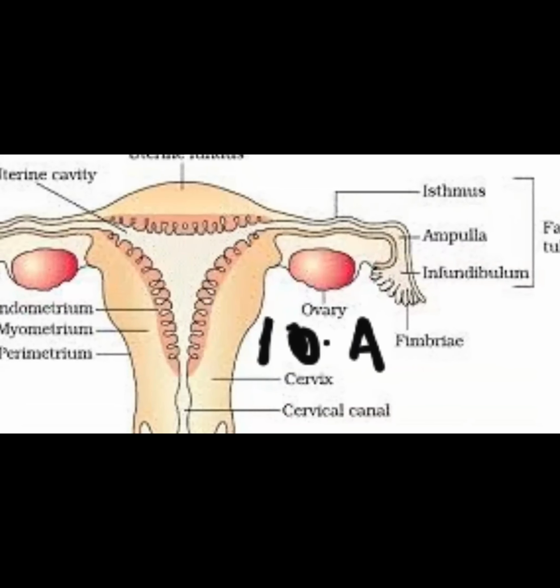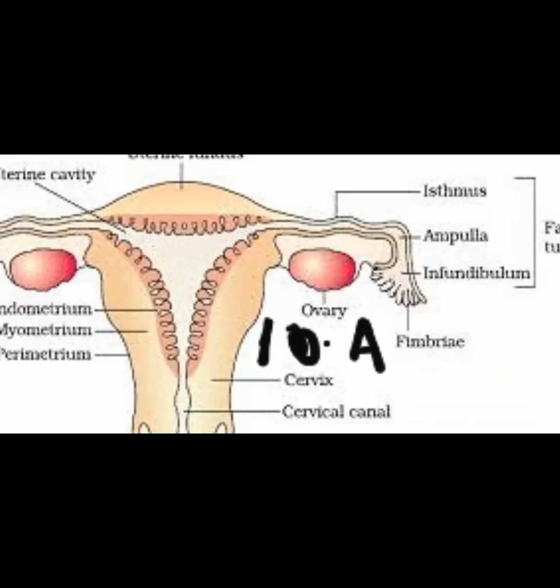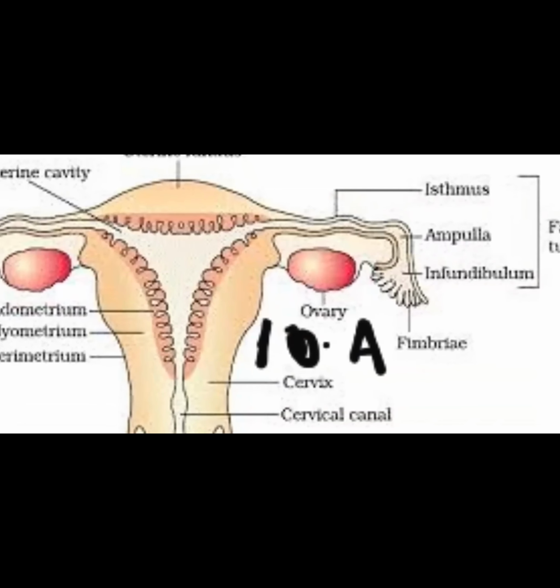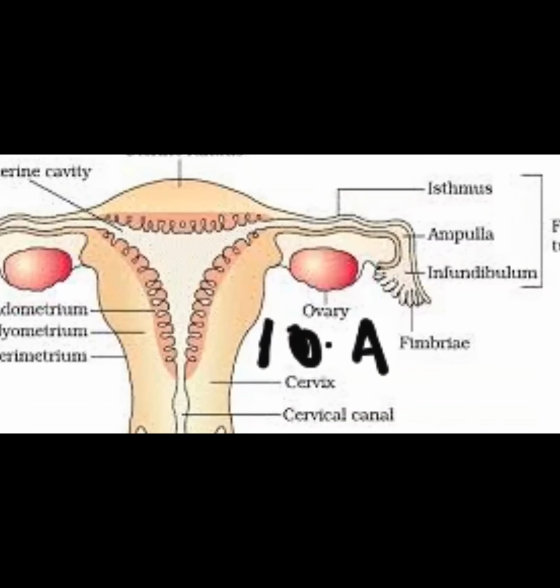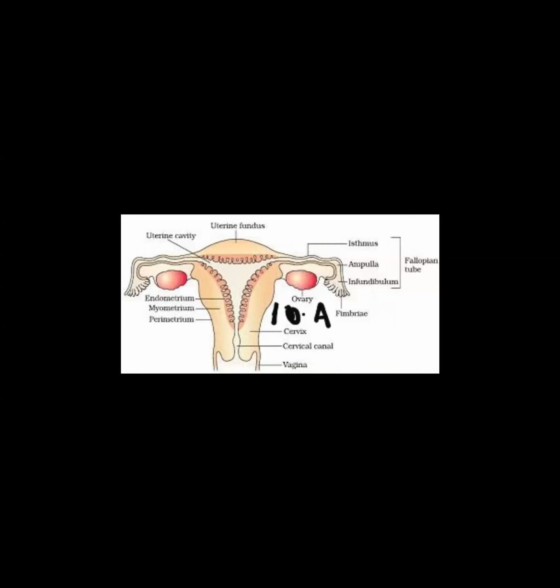And there they are connected to the pelvic wall and uterus by ligaments. Here you can see those ligaments, by which the ovary shall remain attached to the uterus as well as the pelvic wall.